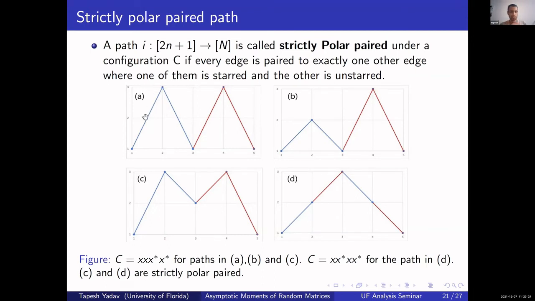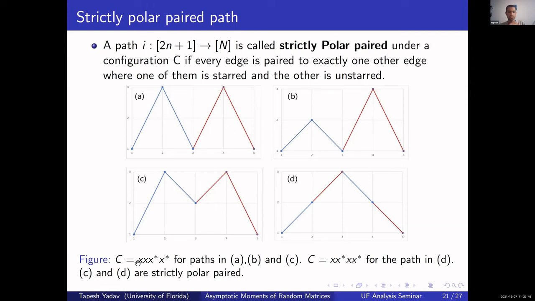What do we mean by this? Look at the figures here. A and B are non-examples of strictly polar paired paths, while C and D give examples of strictly polar paired paths. To see what's happening here, in figure A the configuration is x star, x star, x star.